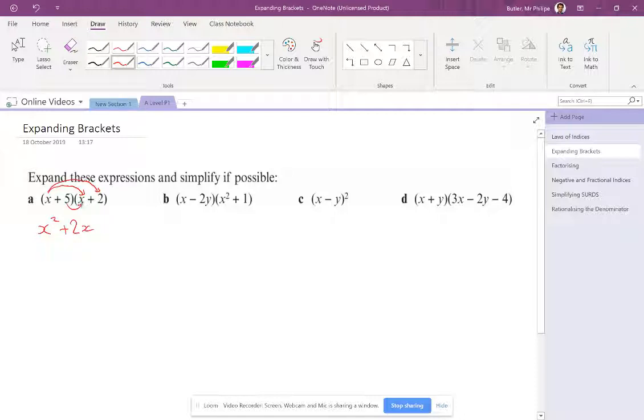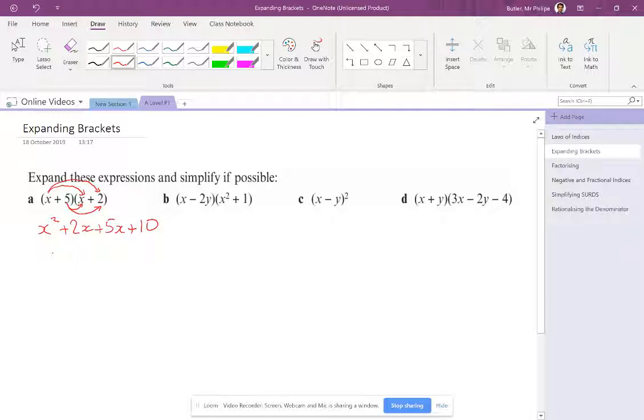Then 5 times x, the second multiplied by the first, that's 5x. And the second multiplied by the second, which is plus 10. Do not add those. I've seen that in GCSE 1,000,000 times. Can you stop doing that, please?